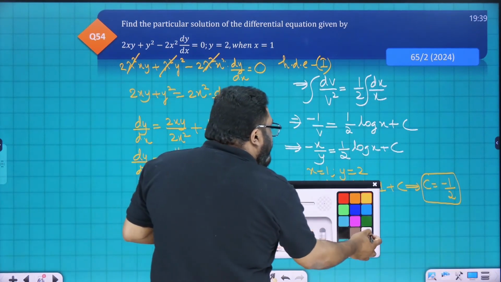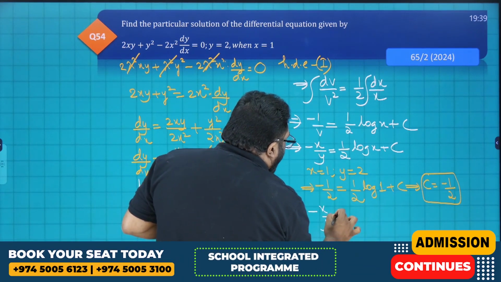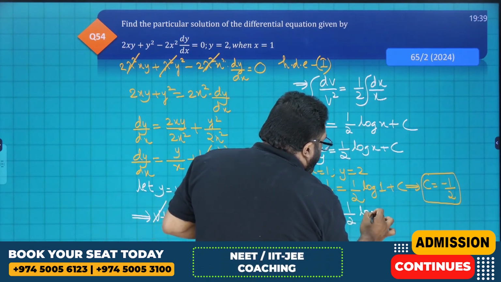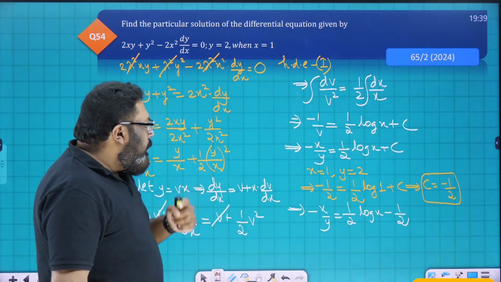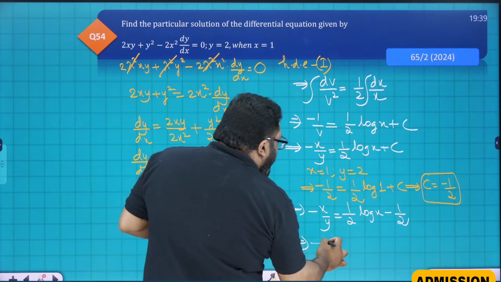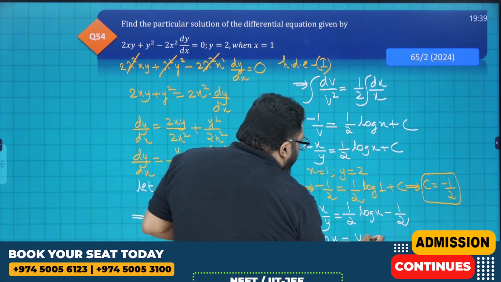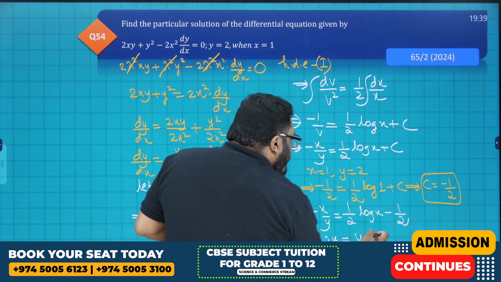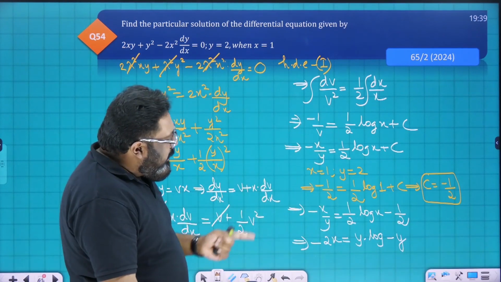Now I'm ready for my particular solution, my dears. My particular solution is minus x by y is equal to half log x minus half. I can take 2 this side and I can write it as minus 2x is equal to y log x minus y. y multiplied, 2 multiplied this side.